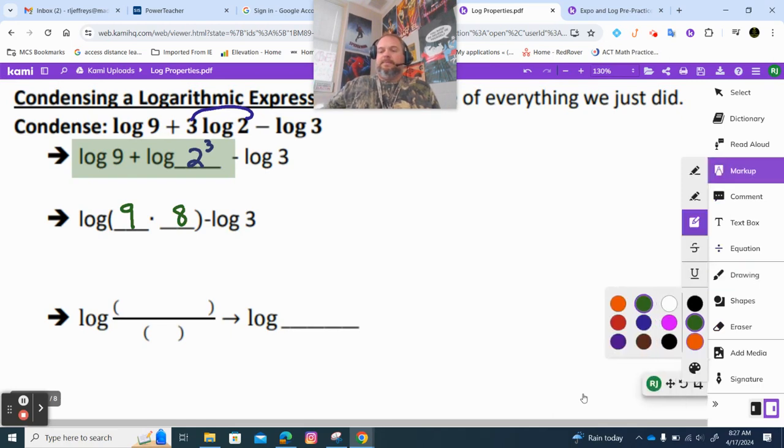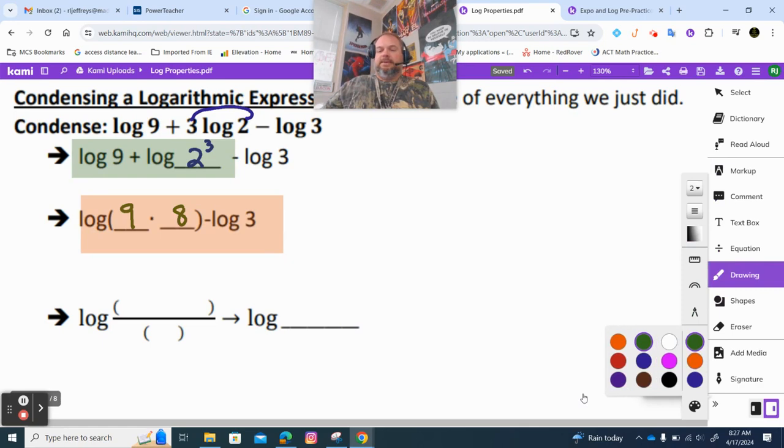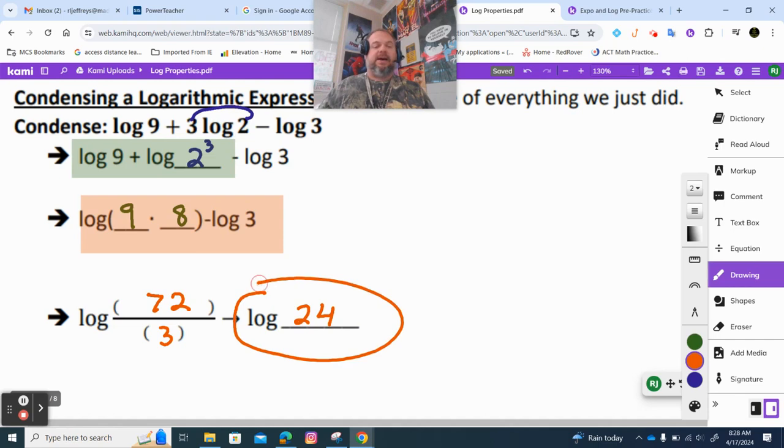Well, we can clean this up. Well, 9 times 8 is 72. And when it's subtract, we can divide. What is 72 divided by 3? Remember when I told y'all to get calculators? Yeah. And what's funnier than 24? 25. Okay.